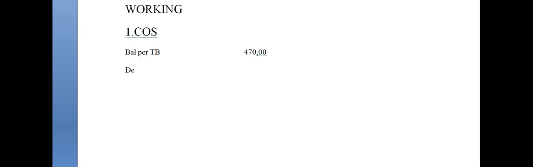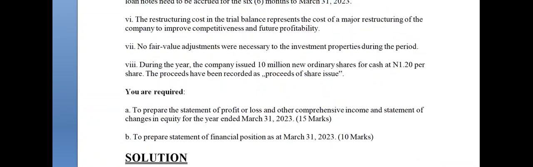Yes, sir. Depreciation. So we go to workings 2, depreciation. How many depreciation rates do we have? Let's check.